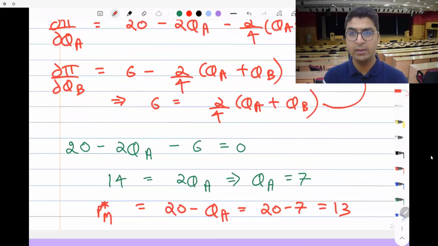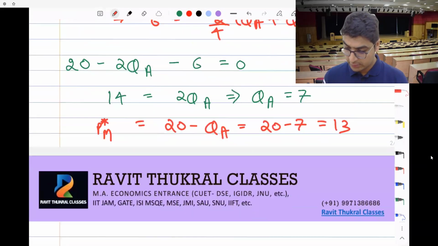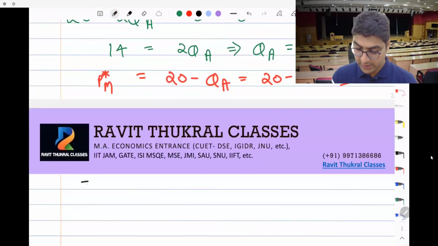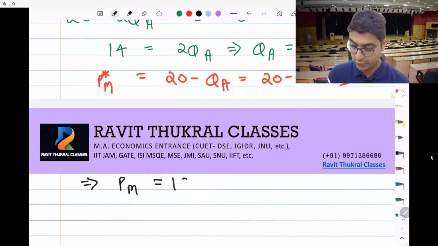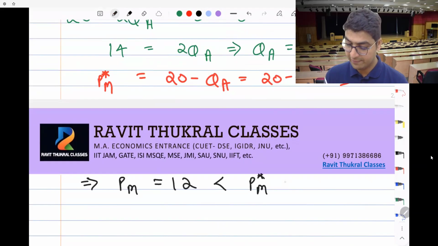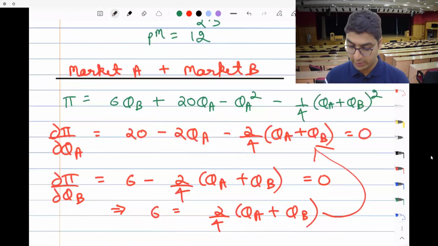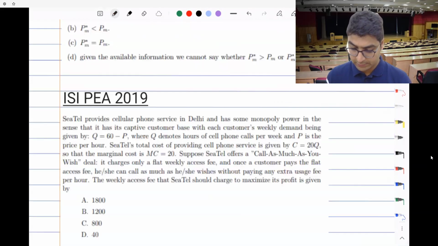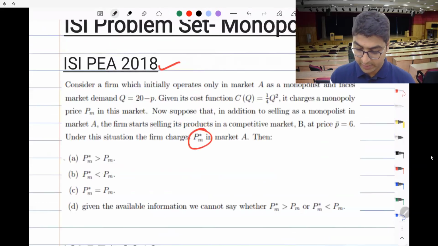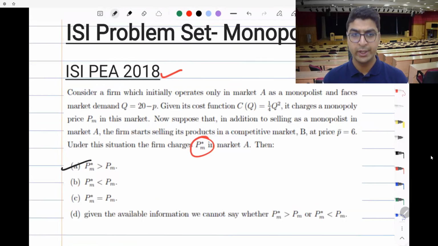So when it is operating in both the markets, it is charging 13. So this means that PM, which is equal to 12, is less than PM star, which is equal to 13. So basically P star is greater than P. So let's see which option is correct. P star is greater than P. Option A. Okay, I hope you got it correct.